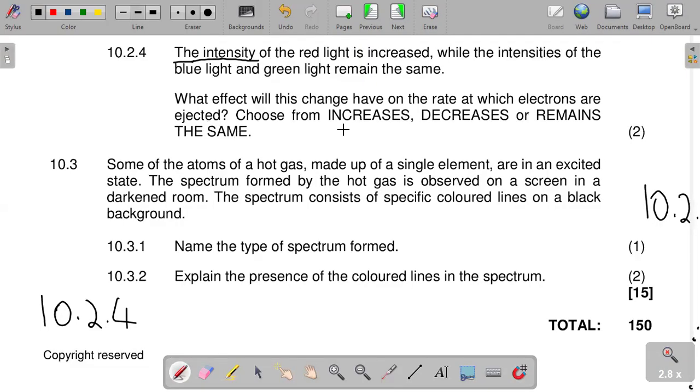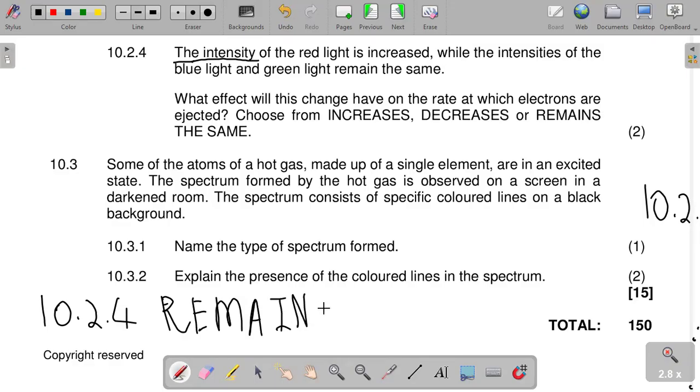Choose from increases, decreases, or remains the same. This one is tricky, because what we said is that intensity increases the rate at which electrons are ejected. But in this case, it will remain the same.